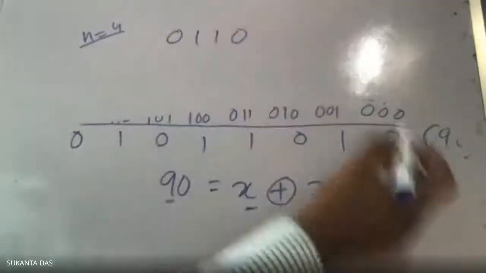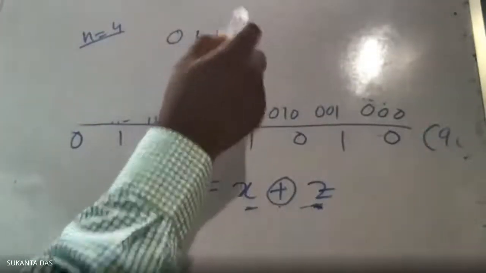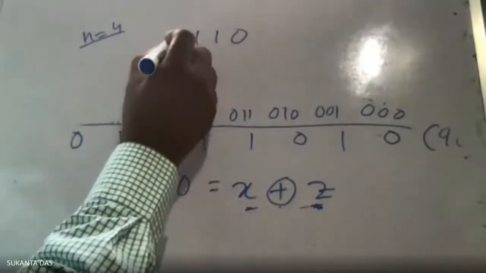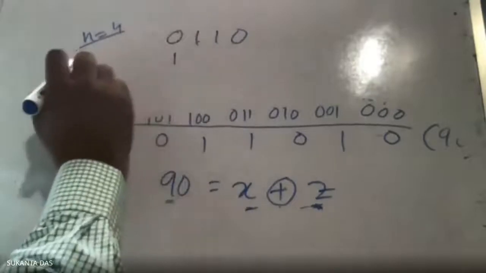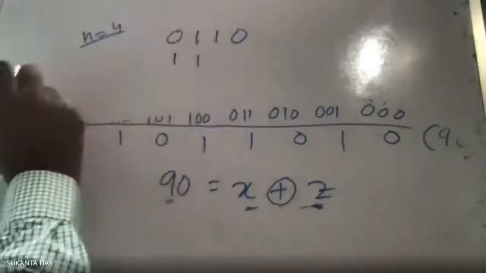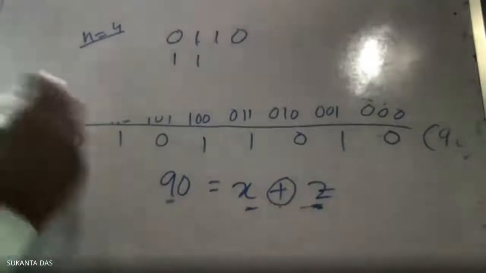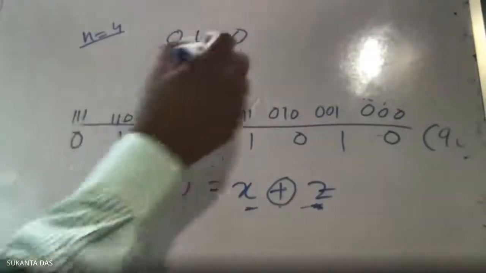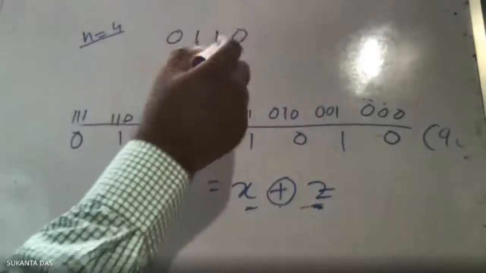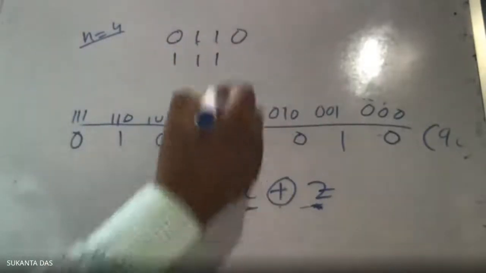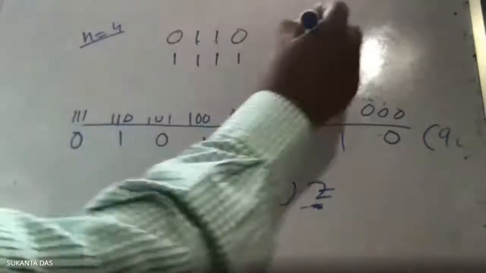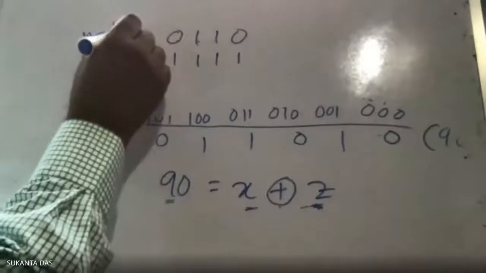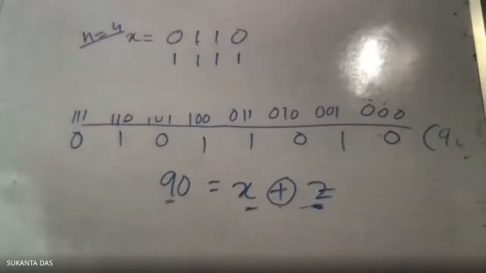If I consider periodic boundary condition, it will be 1 1 1 1. I am considering this as x.